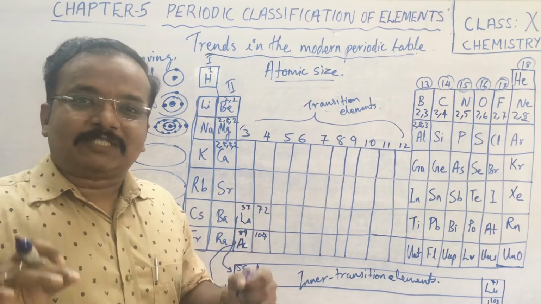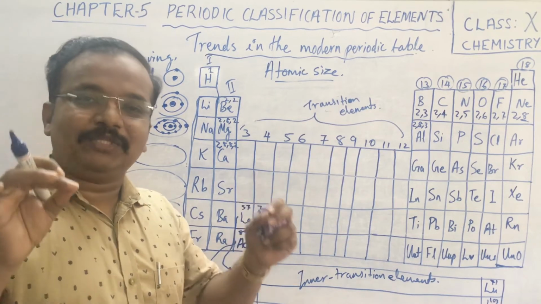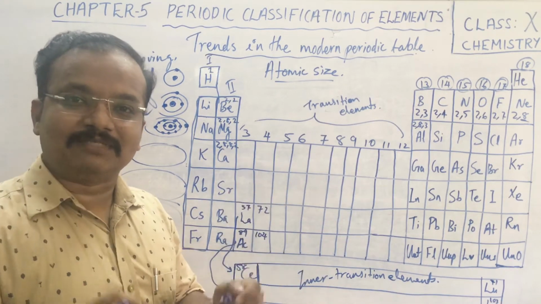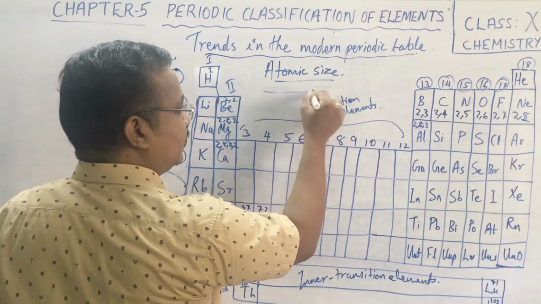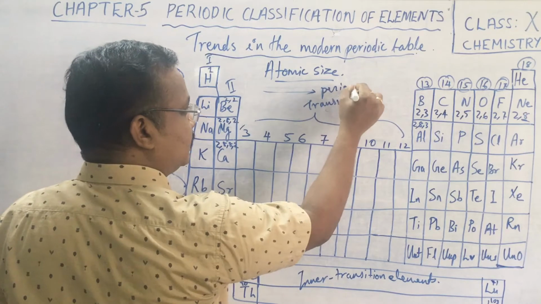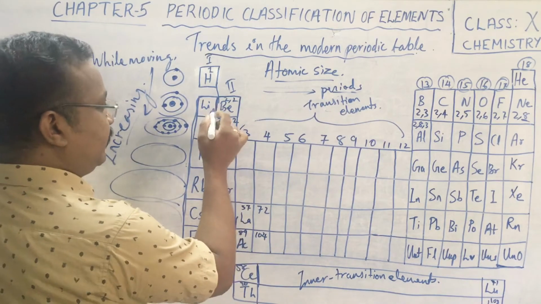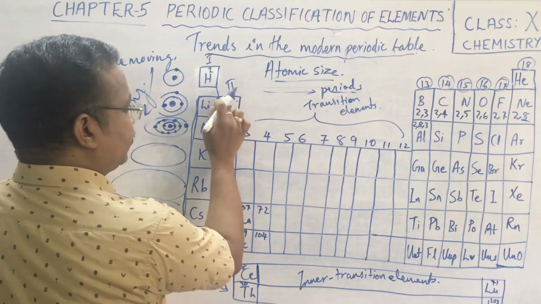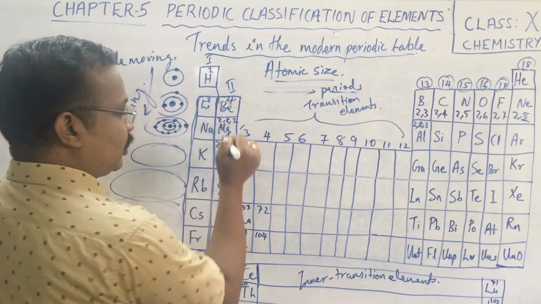Now children, I am going to explain a very important concept. One question normally comes, that is, trends in the atomic size while going in a period. What happens in periods? Lithium to beryllium: lithium has atomic number 3, but beryllium has atomic number 4.